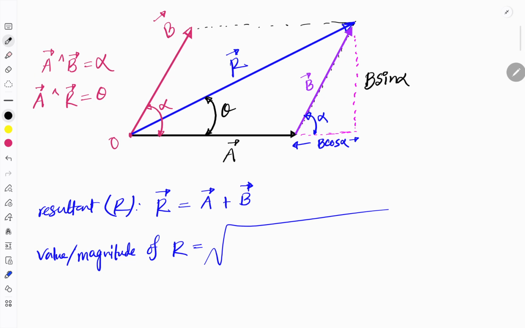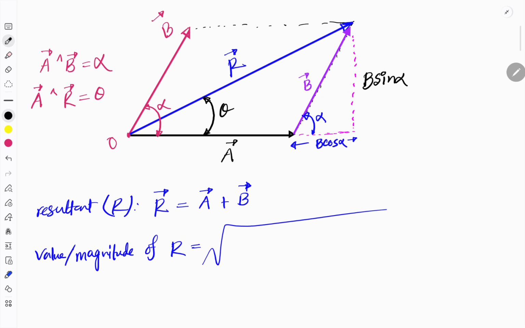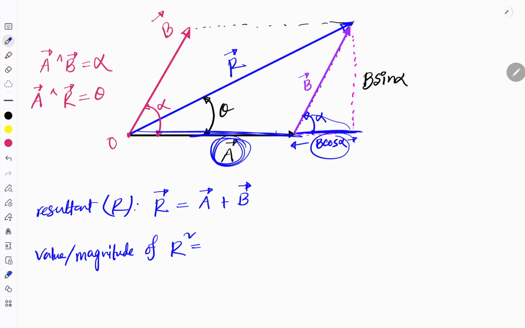So now let's use the Pythagorean theorem. It's very easy. According to the Pythagorean theorem, R square is basically my hypotenuse. So I can write R square equals A plus B cos alpha, whole square, since this length is A and this is B cos alpha.